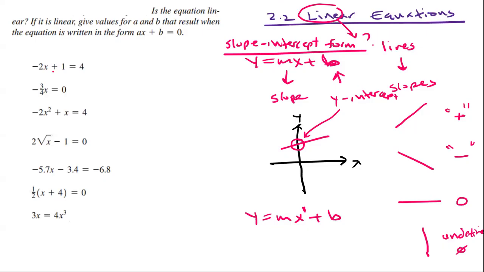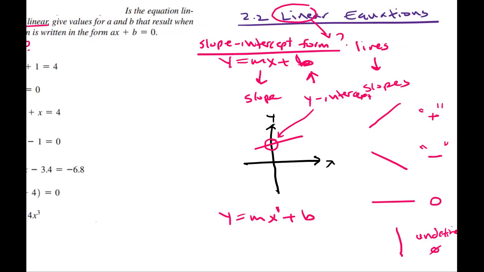So let's look at this. We need to figure out whether the equation is linear. If it is linear, then we need to put it in this form. That's what it's saying. But first, is this linear?